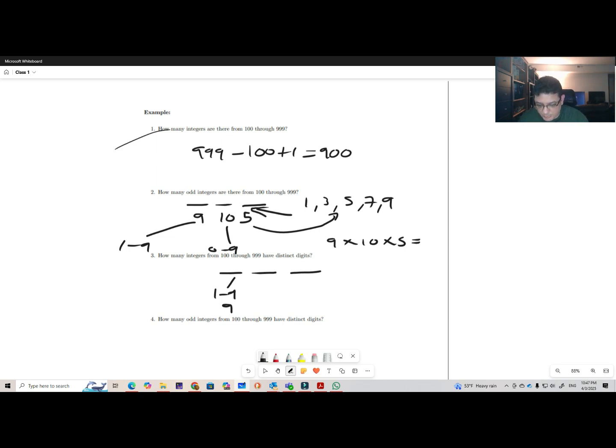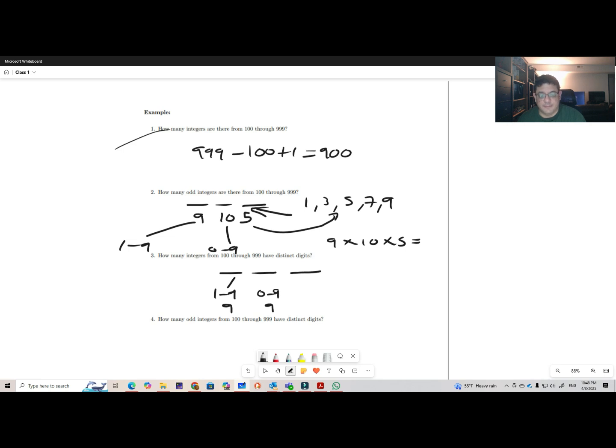Here we potentially can have 0 to 9, so normally it would be 10, but because we're not repeating, you're going to have only 9 choices here. 0 is one of them that is not going to repeat with anything here, so that will be fine.